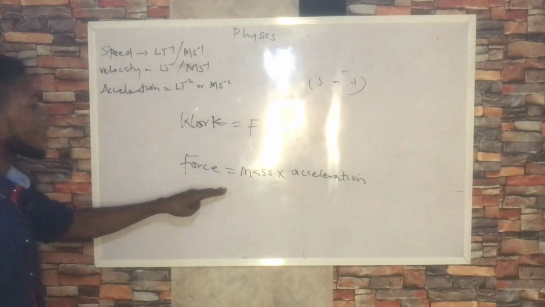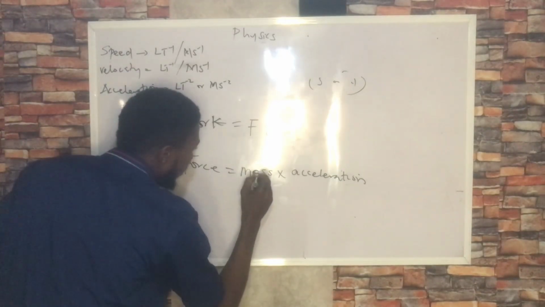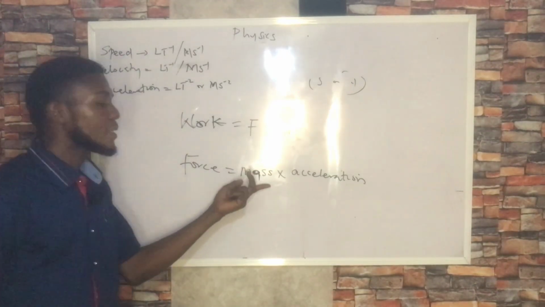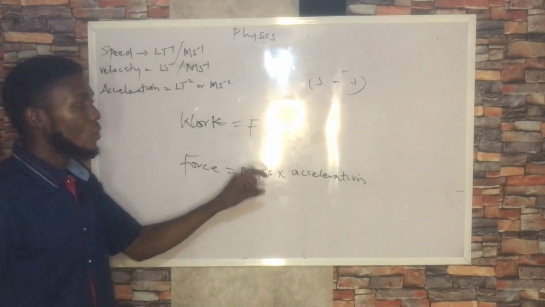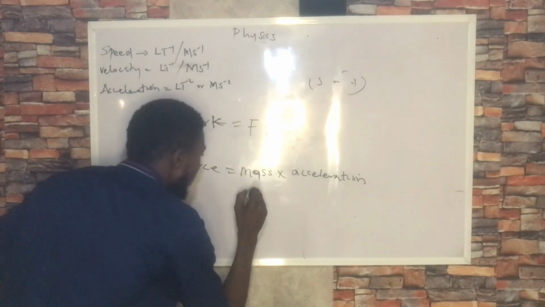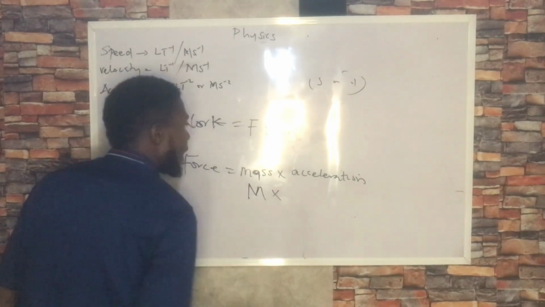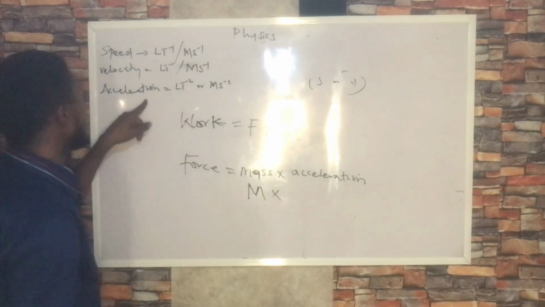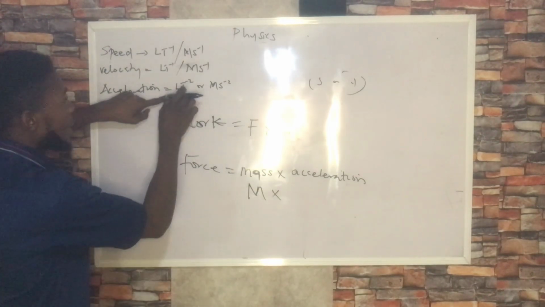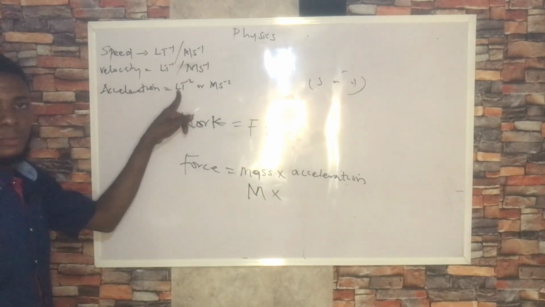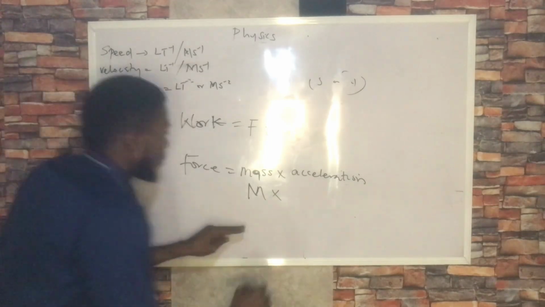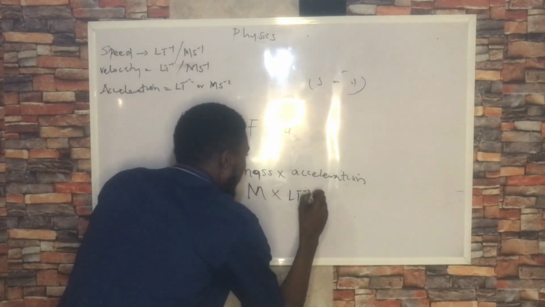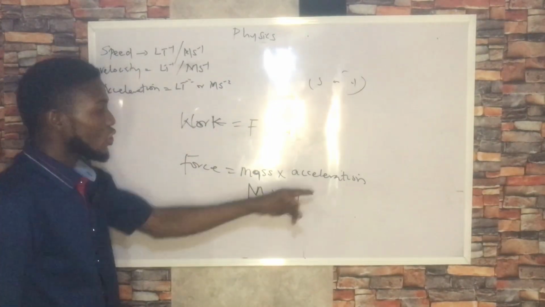Now, from our expression, we know the symbolic representation of mass already. We said we use capital M. So capital M times our acceleration, going back to this. This is it: LT raised to minus 2. So we say LT raised to minus 2. Just bring it in.